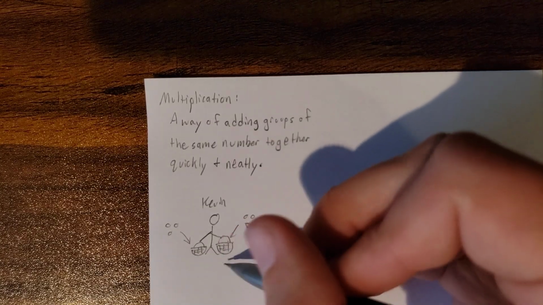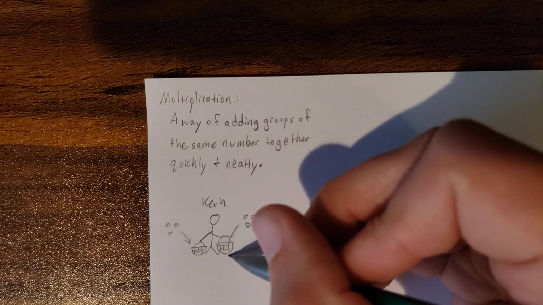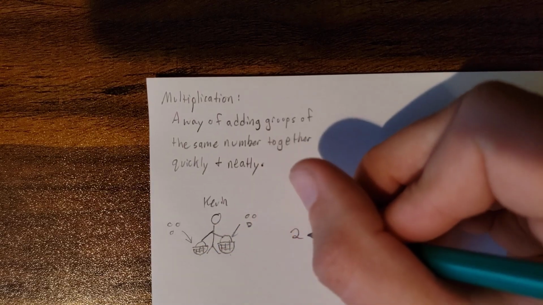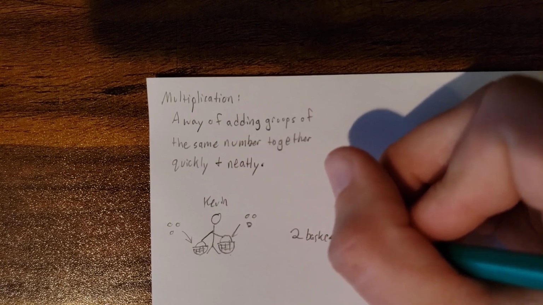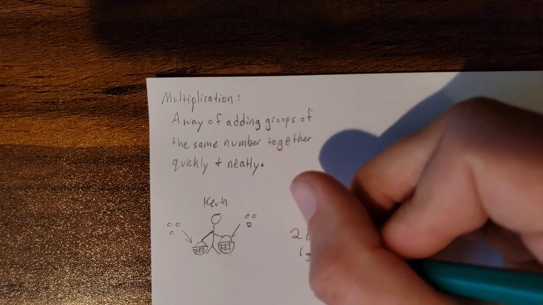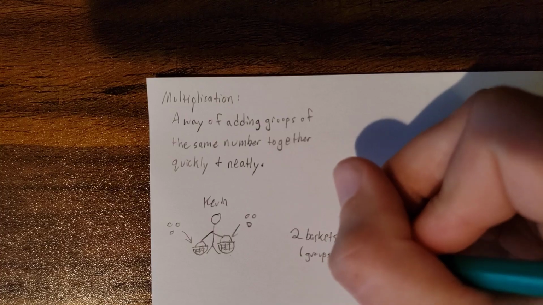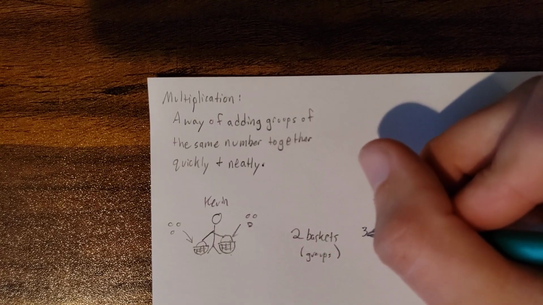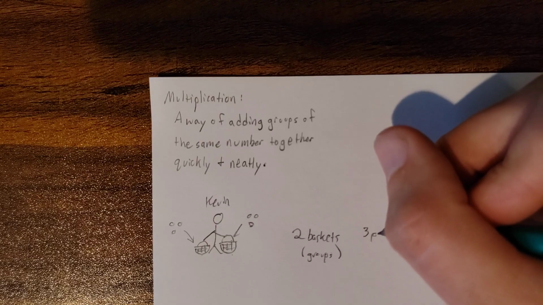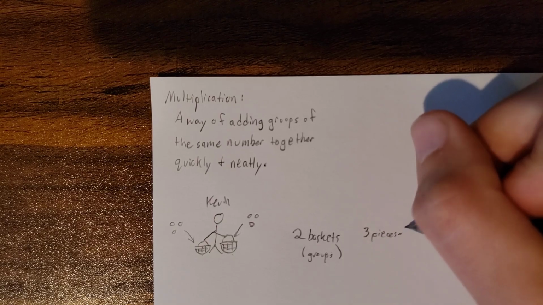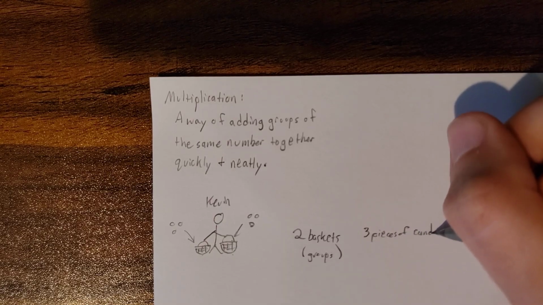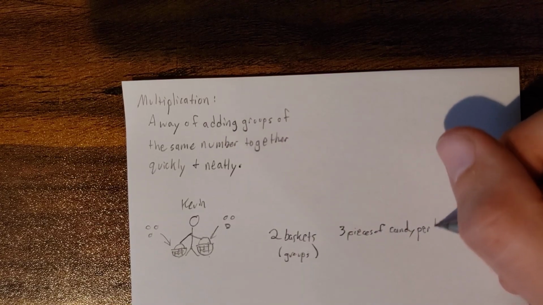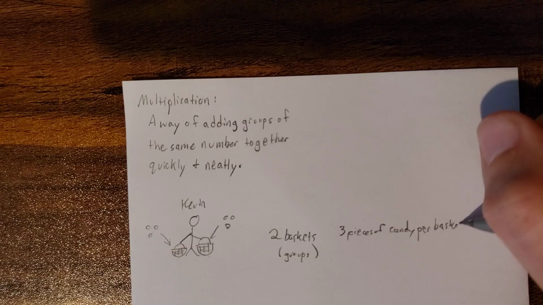So we can say that we have 2 groups here. We'll call each basket a group. We'll say we have 2 baskets, 2 groups. And in each group, we have 3 pieces of candy, 3 pieces of candy per basket.